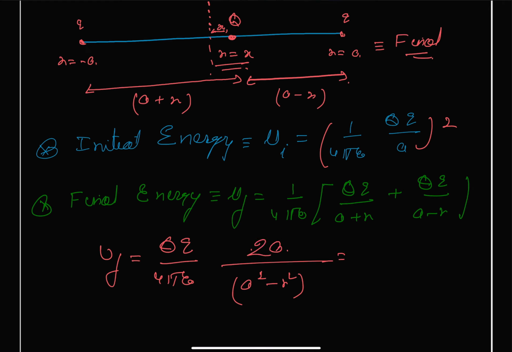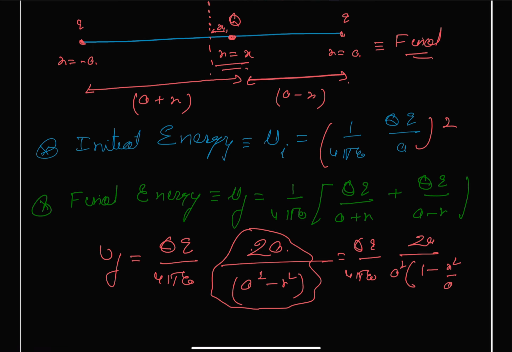And we are only interested in this part because we need some kind of approximation, so we can solve it. So this will be coming as Q upon 4 pi epsilon naught, and here we have 2a, and we can take a square as common, so this comes as 1 minus x square by a square.